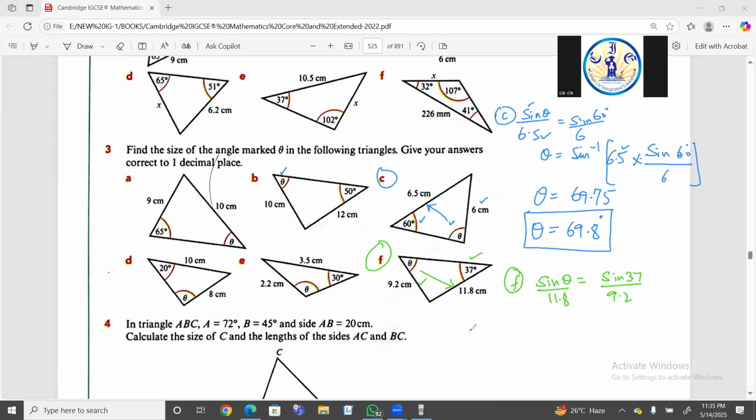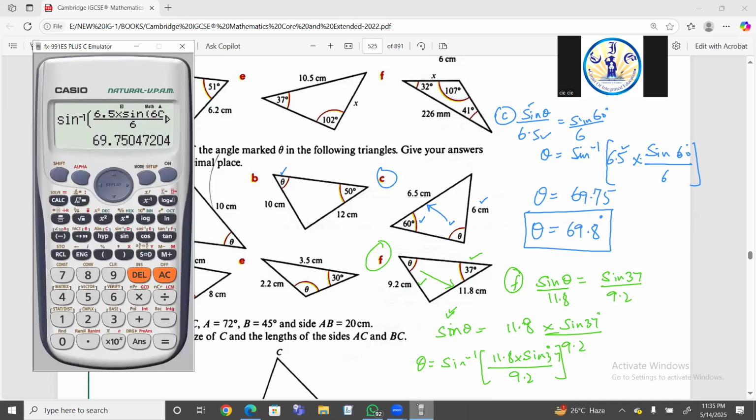And then I need to write sine theta is equal to 11.8 multiplied with it, and then I need to shift this sine to the other side, so the value of theta is going to be sine inverse of 11.8 times sine 37 degrees, whole divided by 9.2. So it's better to use the calculator now.